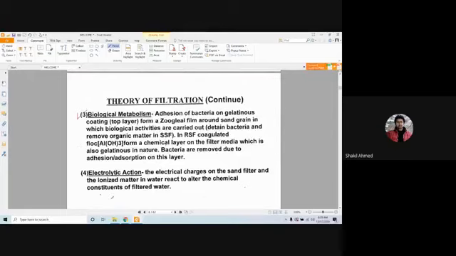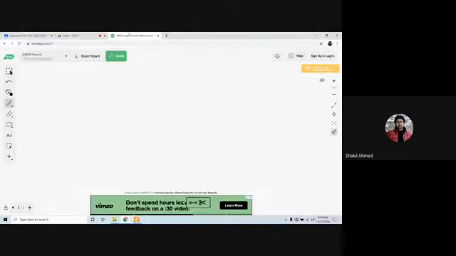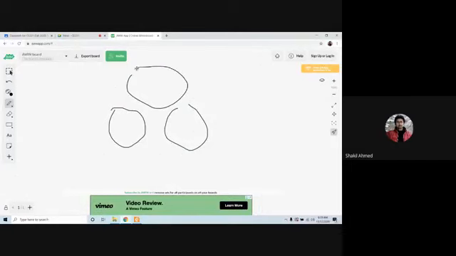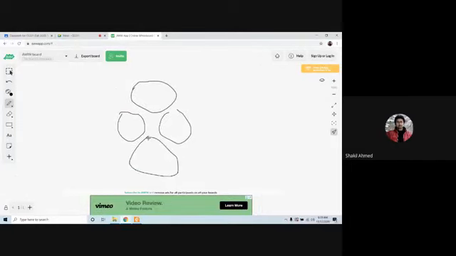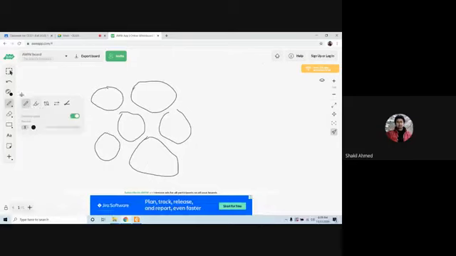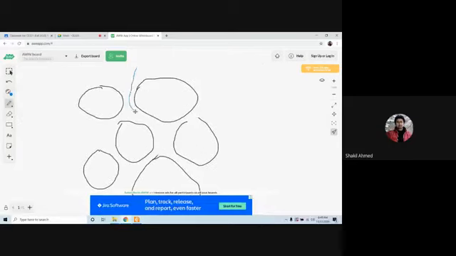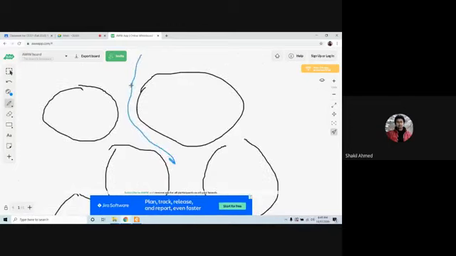Biological metabolism. What is biological metabolism? You see, this is the filter media. You have the filter media here, right? Now, when the water percolates through this filter media, this water is wastewater, so it does have organic matter in it.